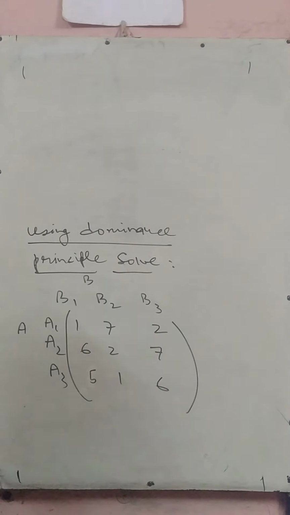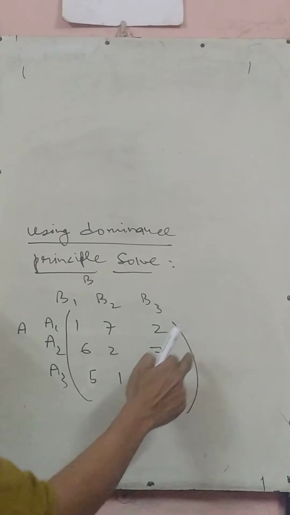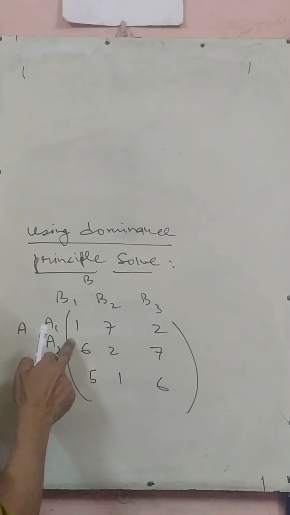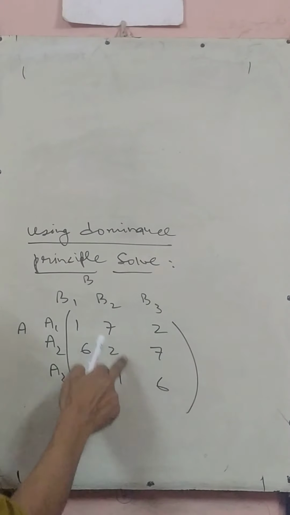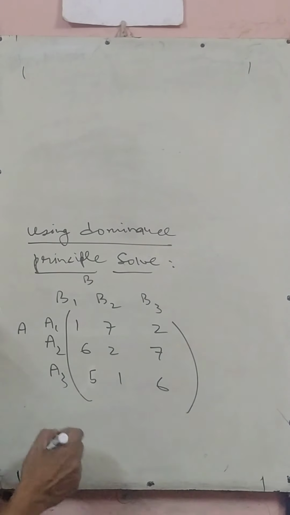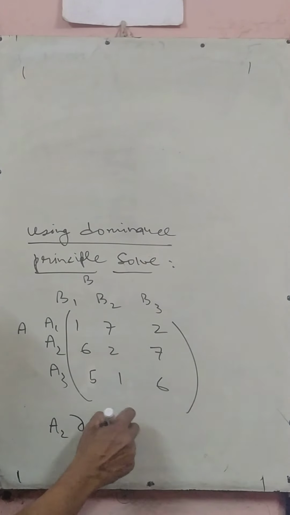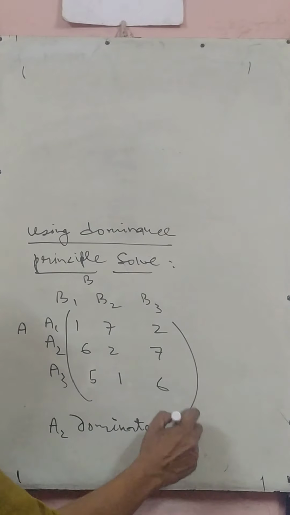So in row dominance, our target will be to have the row having more values. The second row has the values 6 greater than 5, 2 greater than 1 and 7 greater than 6. So A2 is bigger than A3. So A2, the second row, dominates A3. That means A3 will be deleted.